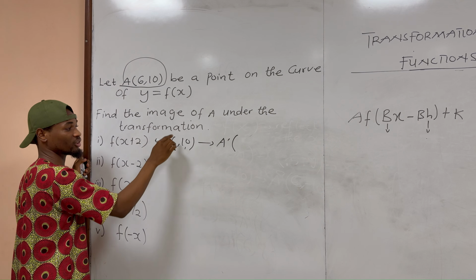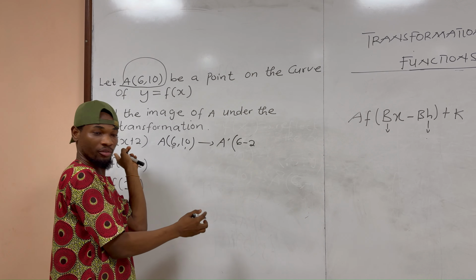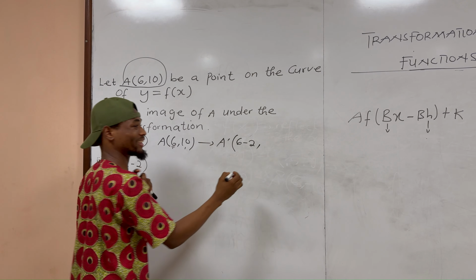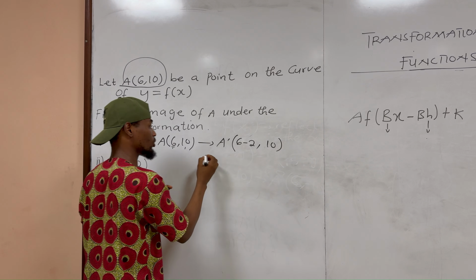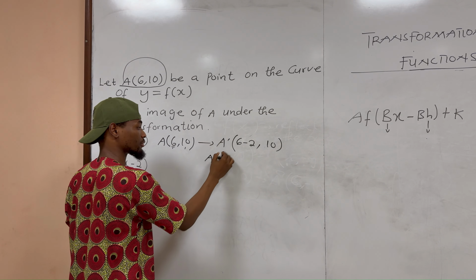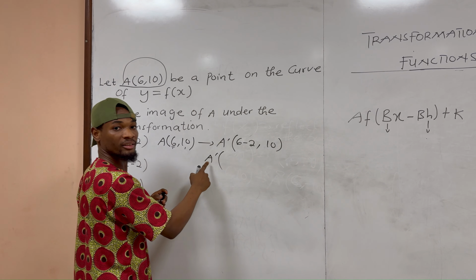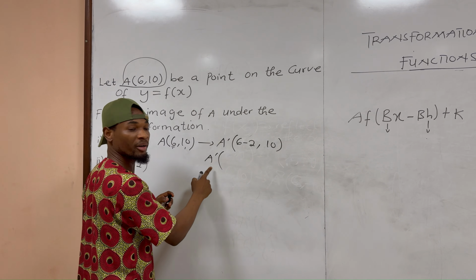So moving to the left, we have to subtract, okay? So I have my 6 minus 2 because it's negative, all right? Then comma, I have my 10 over here. So therefore A prime, that's the image of A, becomes 4, 10. As simple as that. So this is the first question.